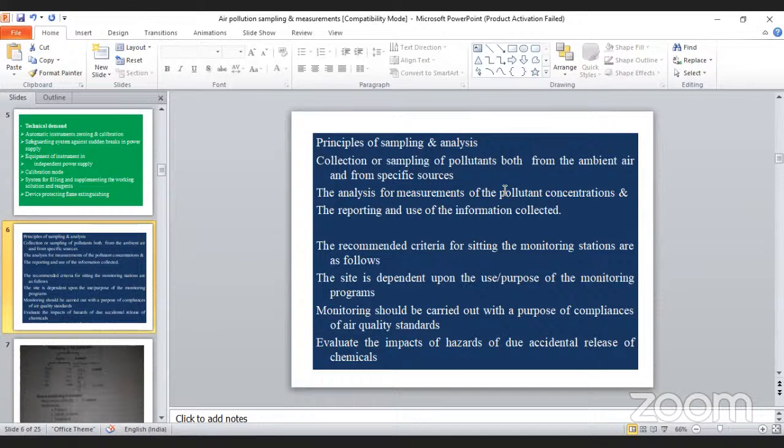Suppose, for example, the people come to know that Delhi is too much polluted with sulfur dioxide. Now they have introduced CNG, compressed natural gas.